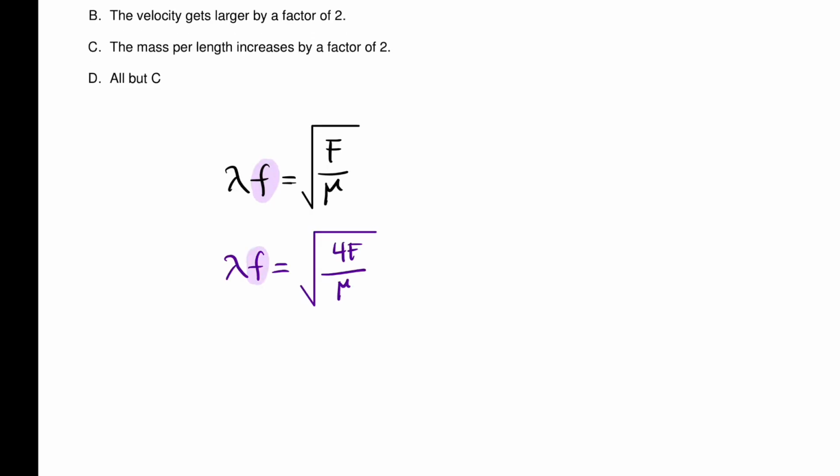So then, if I get the square root of 4, I get 2. And I get my original equation just with this 2 here. Let me rename these two. Let's call this one lambda prime. I'm not going to rename this one because it's fixed, so it's the same.